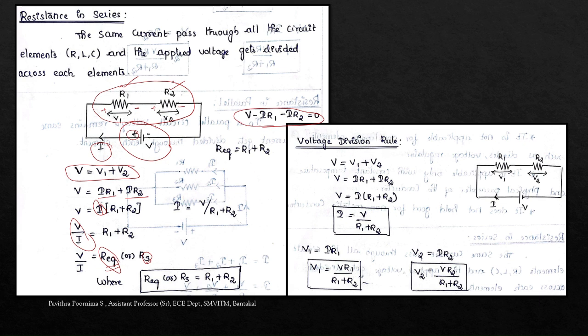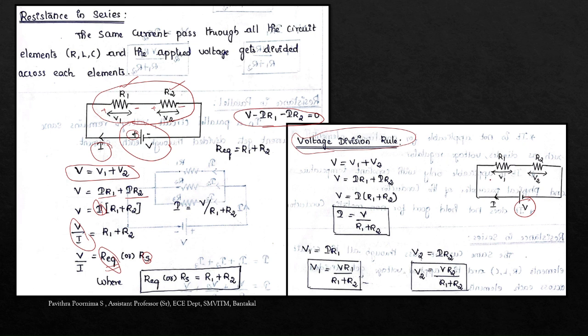And voltage division rule. From this concept of resistance in series, we get the voltage division rule. Why voltage division? In a series connection, voltages are different, I said. So the total voltage will be divided across the elements. Here the voltage division rule is applicable if the number of resistances is 2.